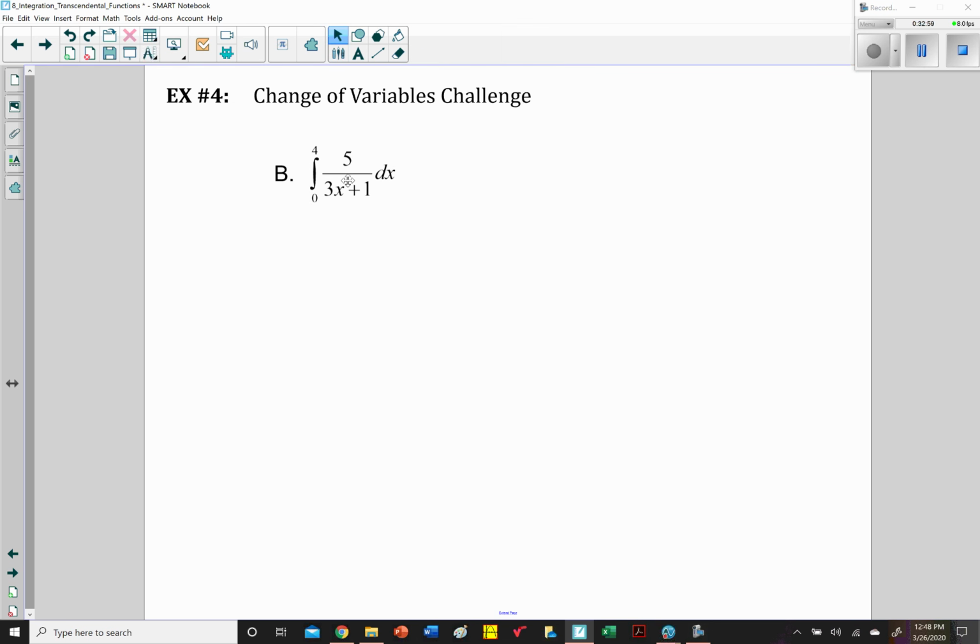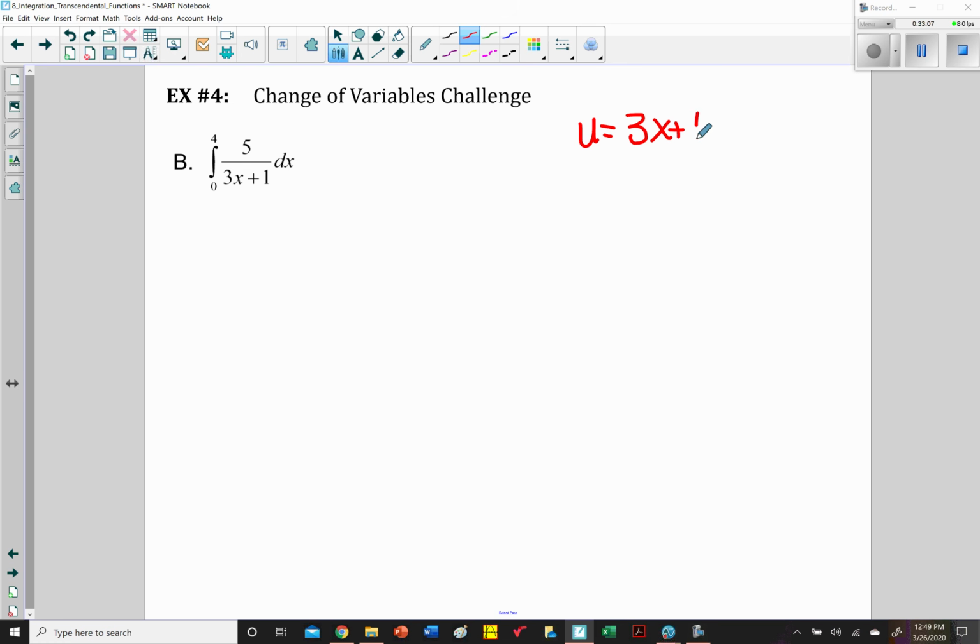Okay, and then part B. Oh, it's an indefinite integral. If the denominator is our u, then du is 3. We don't have 3, so we'll balance it by dividing through. We can pull out the 5 and the 3. So let's do that.